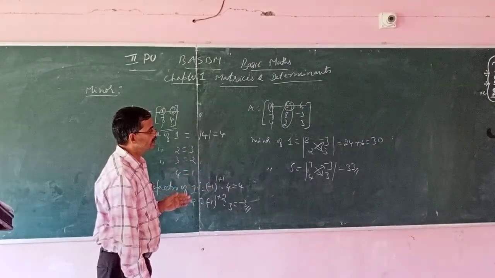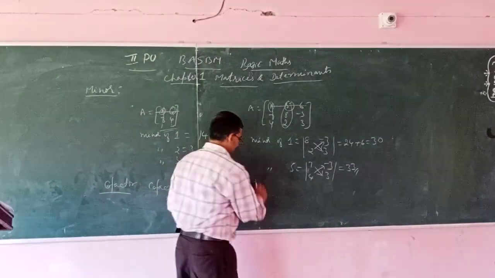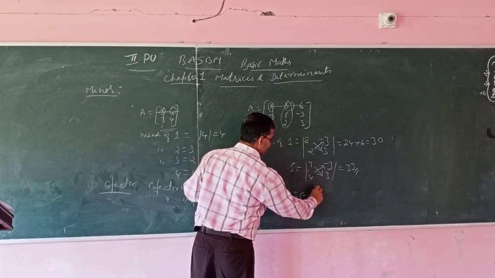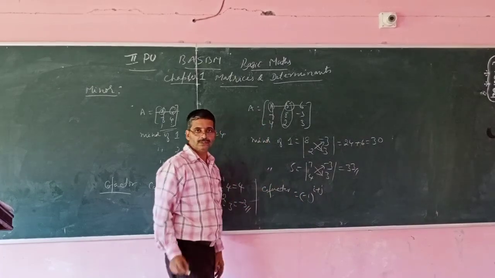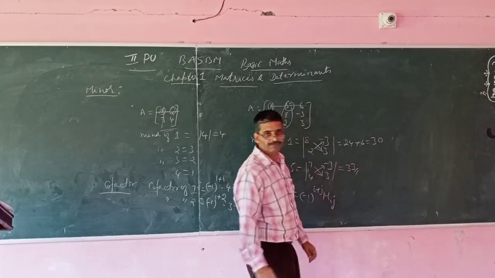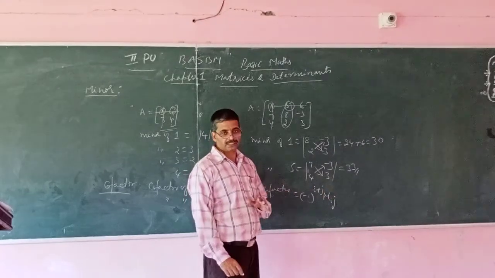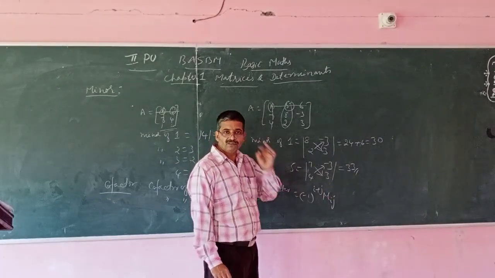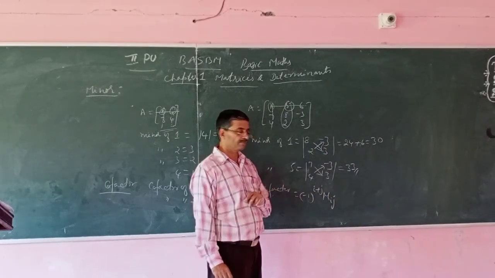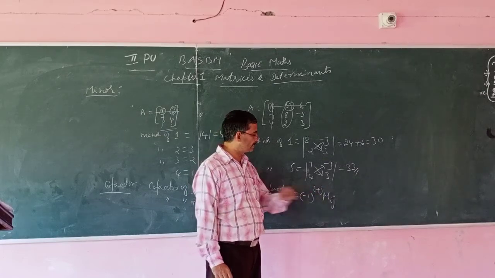So the generalization for cofactor is minus 1 to the power i plus j into minor. I will call minor as mij. So mij stands for minor. So m11, for example, stands for the minor of the first element, in the sense first row, first column element. Cofactor is minus 1 to the power 1 plus 1, m11.